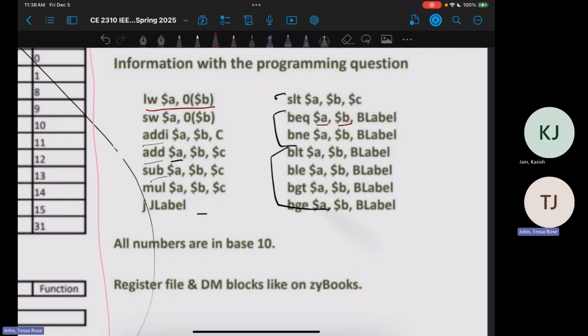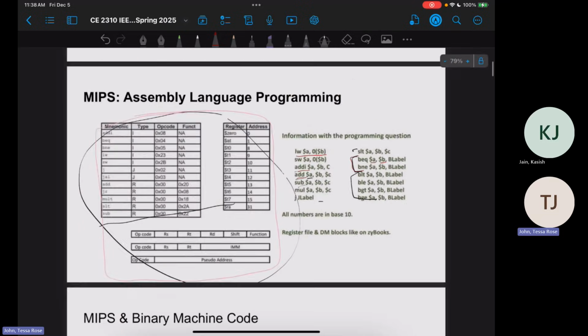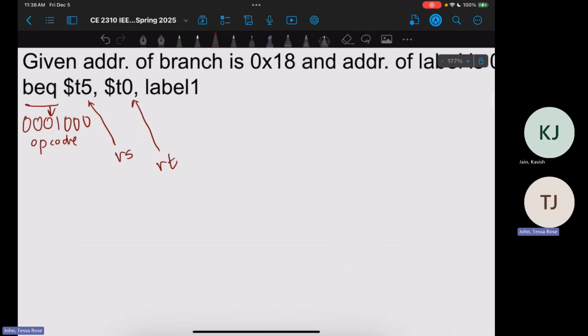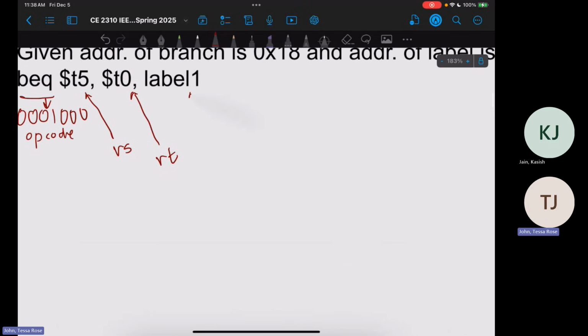They're in the same order for equal to and not equal to, but they're different for ADDI and add, because they're completely different types, right? But if it's a comparison, they're the same. And then this one should be just the IMM.